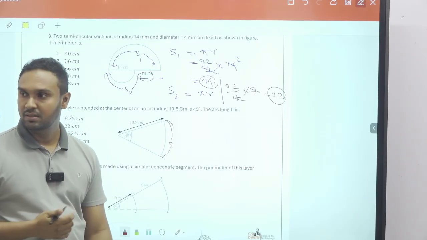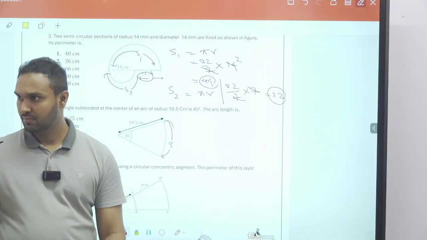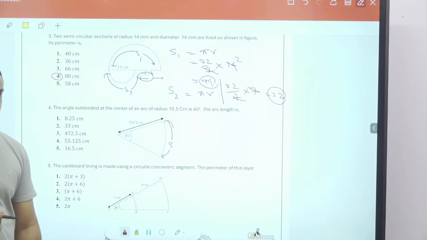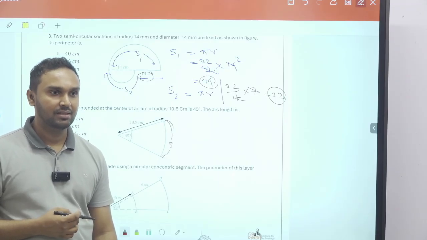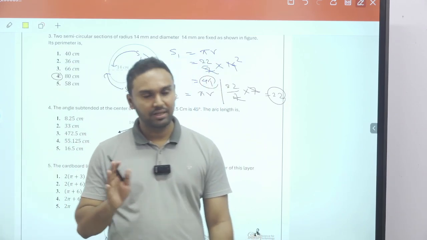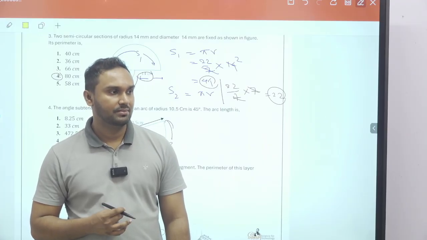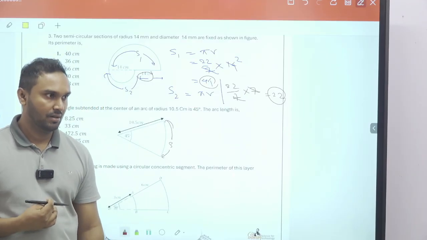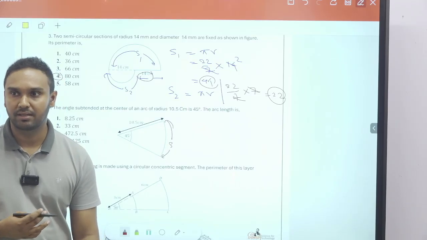Got the same? Did you use radians? Theta over 360? Now use the radians formula and do it, and tell me which one is easier. Now learn to use the radians, because there will be more questions on radians in the paper. Radians is used, so you have to learn how to apply the radians.